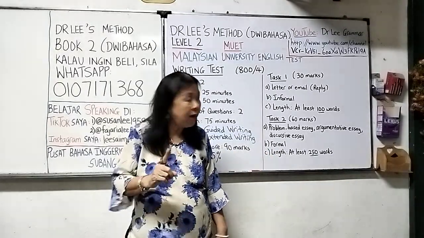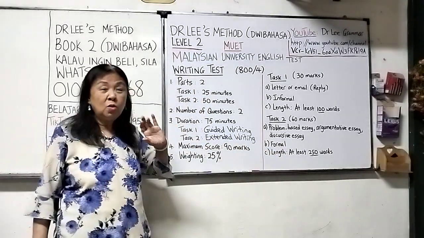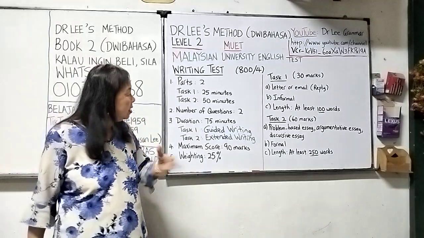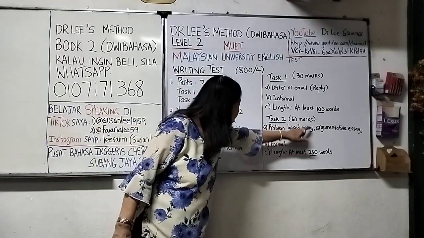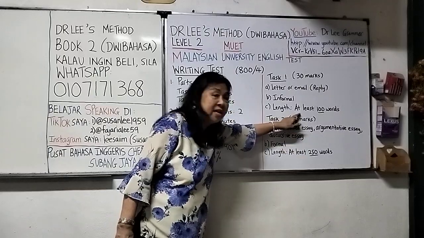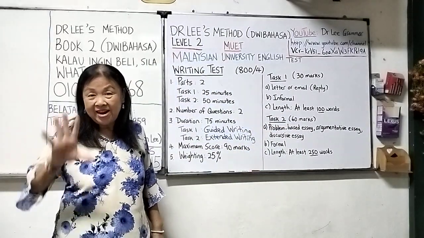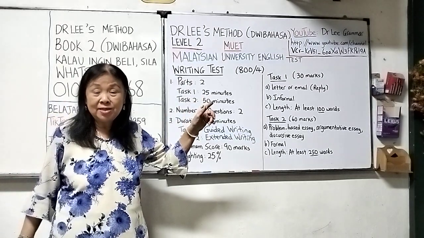So you understand why for this essay you are suggested to spend 50 minutes, because 250 is 2.5 times more than task 1. The length is 2.5 times longer than task 1.